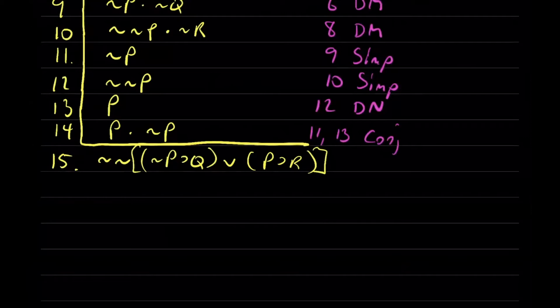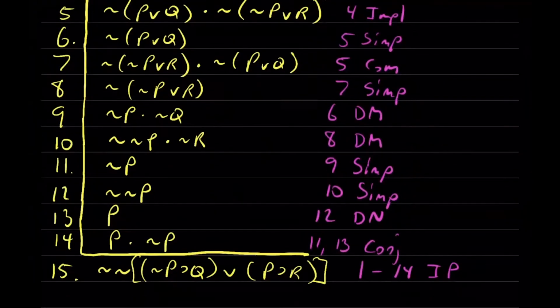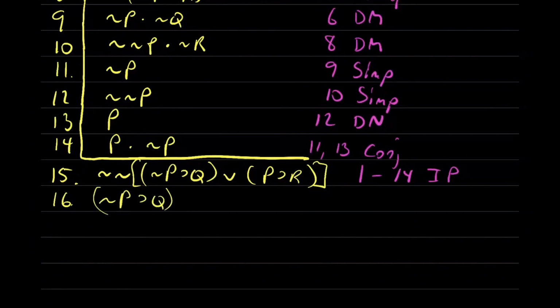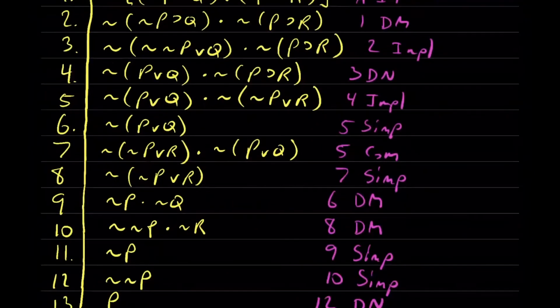And that's going to follow from line 1 through 14 by indirect proof. Everything inside the scope of this assumption line, and this should be review from last week. Now, the only thing I need to do to get that statement that we were given is get rid of that double negation. So that'll give us not P implies Q, or P implies R from line 15 by double negation, and we're done.